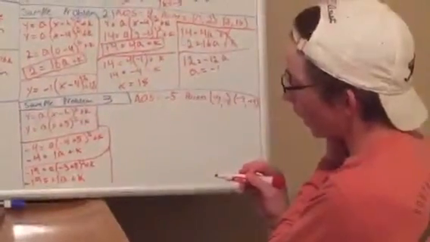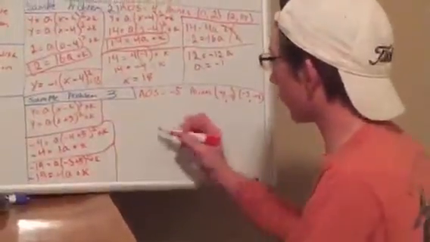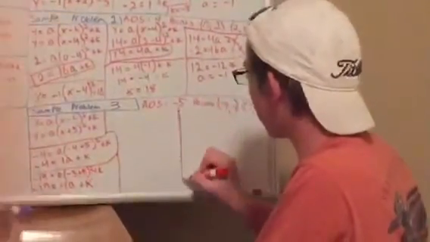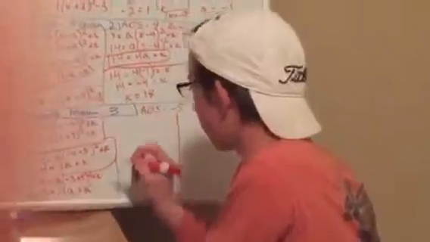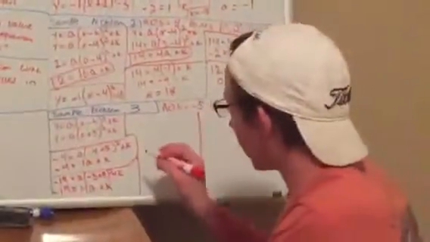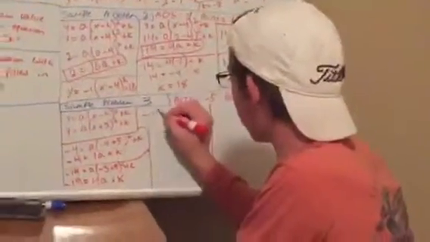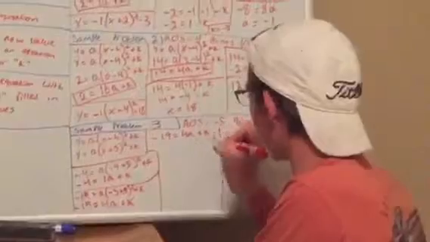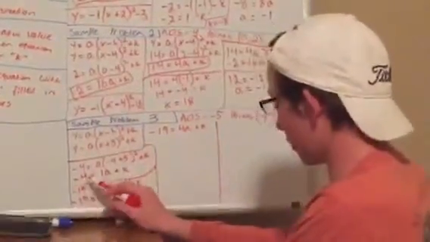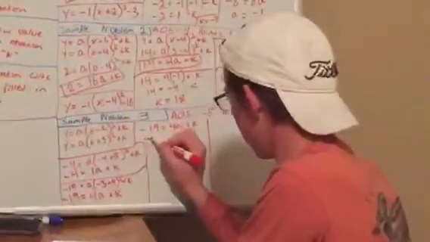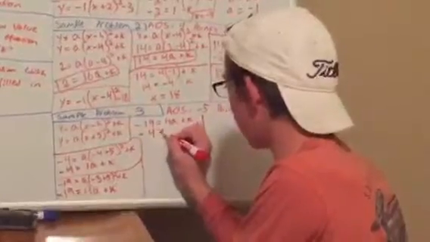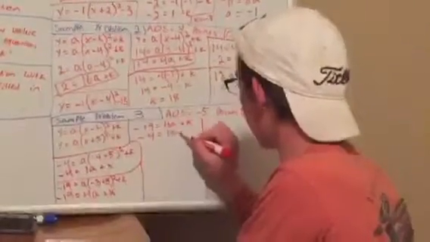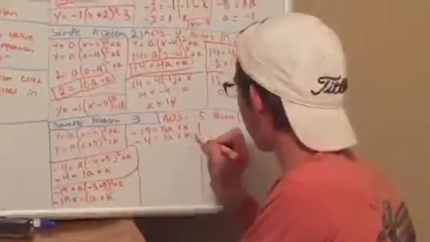Now that you have your two simplified equations, let's bring them over here and get our a. Let's write down negative 19 is equal to 4a plus k, and then you bring up negative 4 is equal to 1a plus k.